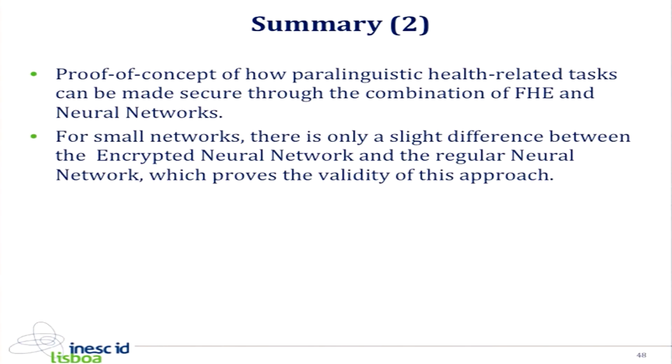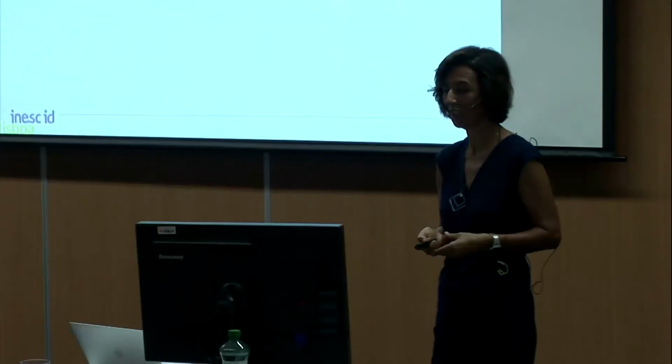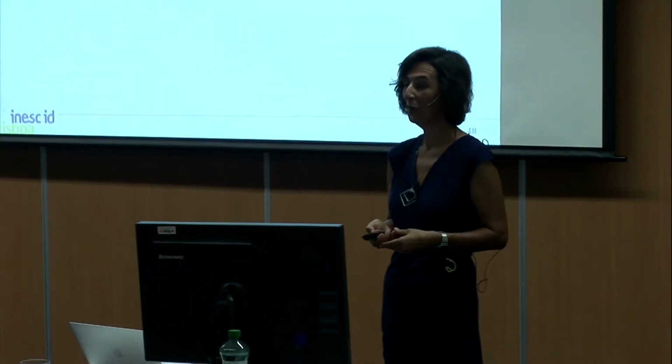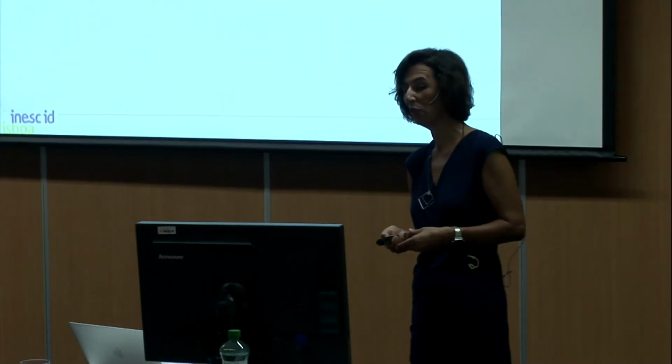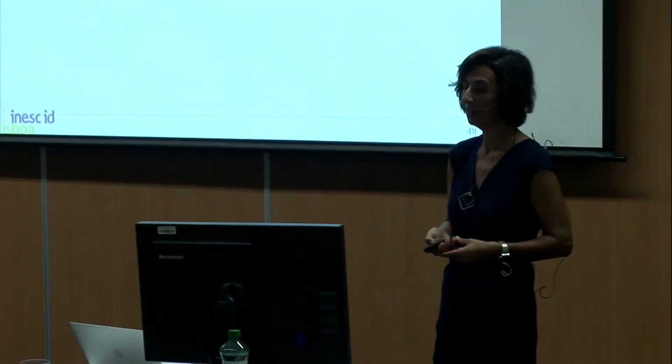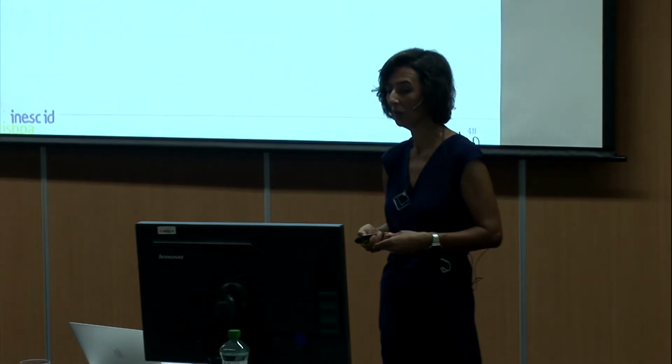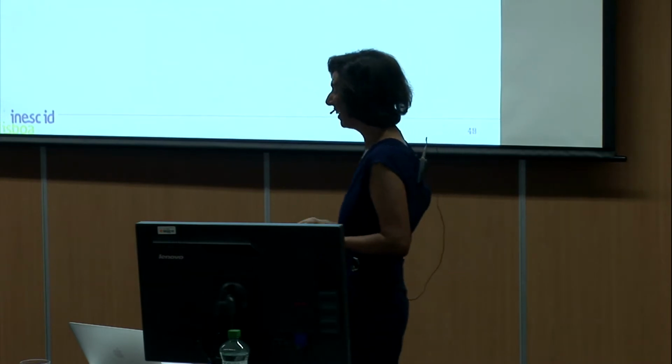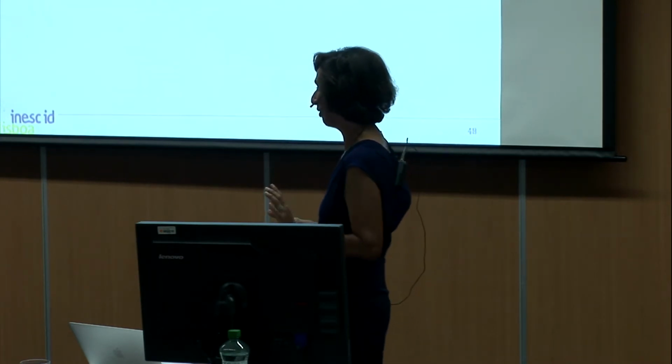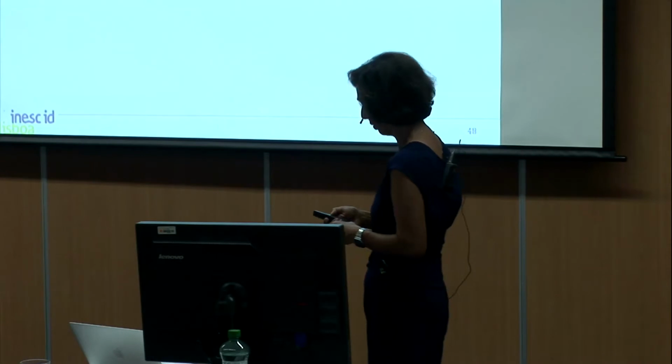Summarizing this part, we've done a proof of concept of how some paralinguistic health-related tasks can be made secure by combining this fully homomorphic encryption scheme with neural networks. We've seen that there's a slight difference between encrypted neural networks and regular neural networks, which proves the validity, but there are lots of things that we can still do to improve this.